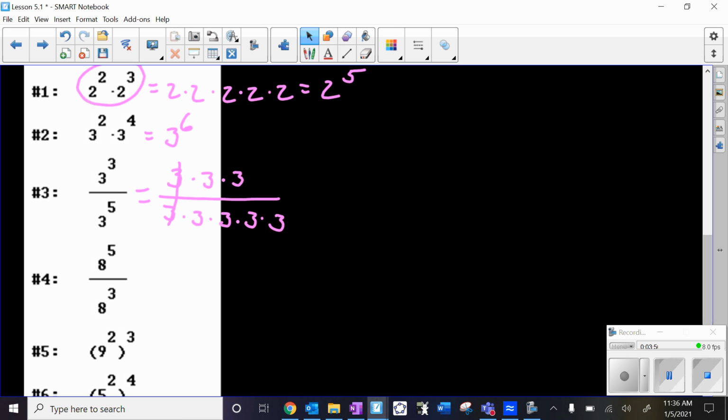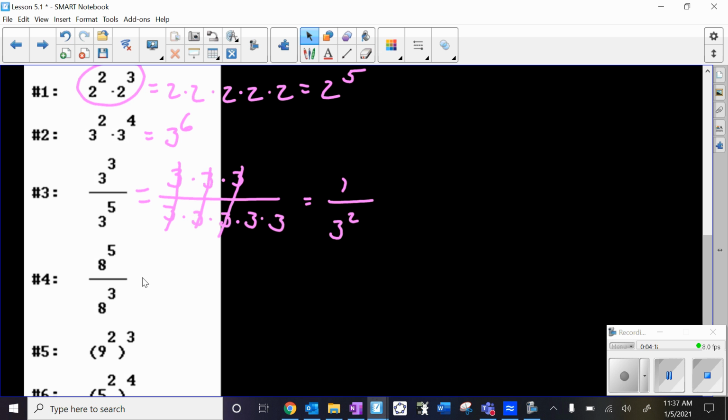And then I can start canceling some of these 3's out, which gets us 1 over 3 squared. Or if I look at my original, I can subtract these. 5 minus 3 is the same thing as 2. And since I started with more on the bottom, I should finish with more on the bottom.